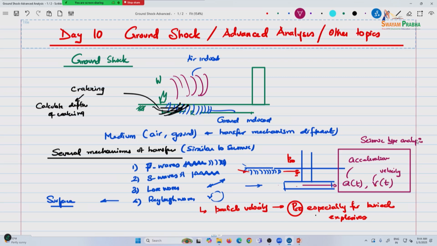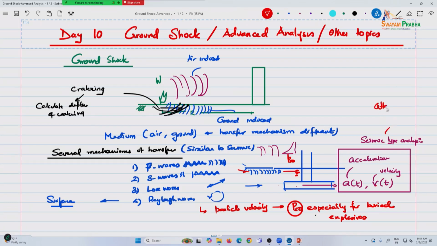And then in these cases you can perform a seismic type analysis. This is on the foundation, so from air induced you are going to have blast waves. On the surface you will have a blast wave, and ground induced you will have accelerations. These attenuate quite rapidly.